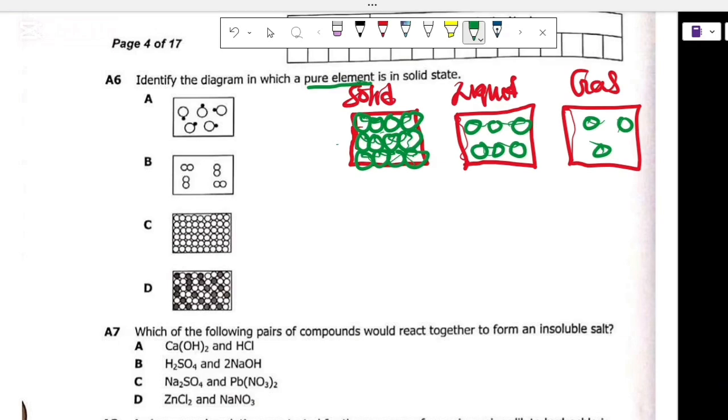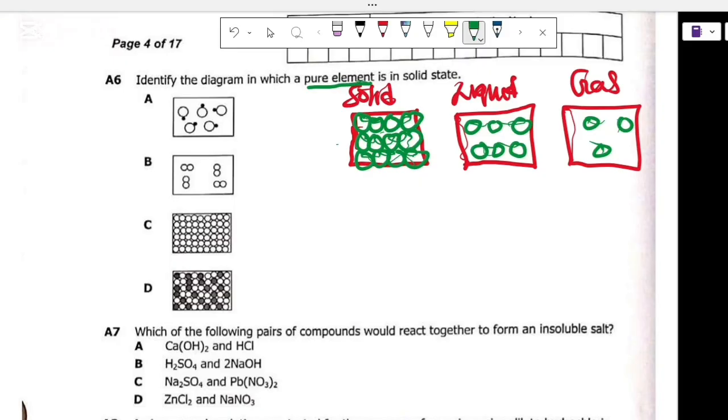Remember, pure element. An element should not have anything else attached to it, because it is an element. It is made up of particles which are called atoms, and these atoms are similar, just like the black people are like one race, and all people that make up the black race are similar in color. That is an element.